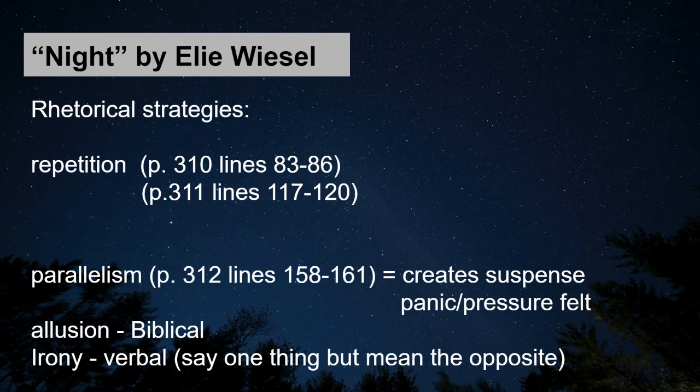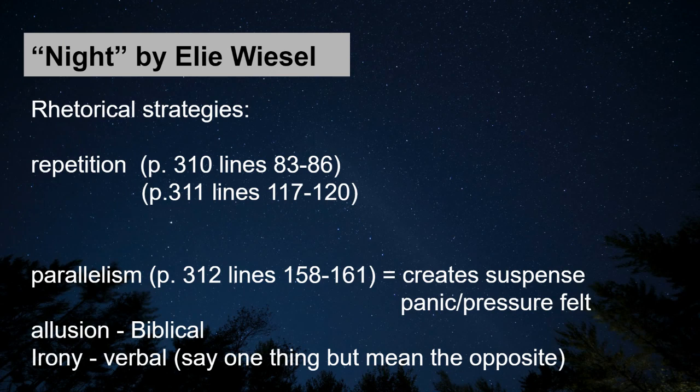Let's look at Night. I'm going to be taking you to some very specific places in the text, talking about how our author, Wiesel, or Weasel, depending on how you pronounce that, where you're from, is using very intentional rhetorical strategies that we worked on earlier in the year: repetition, parallelism, allusion. He alludes to the Bible.